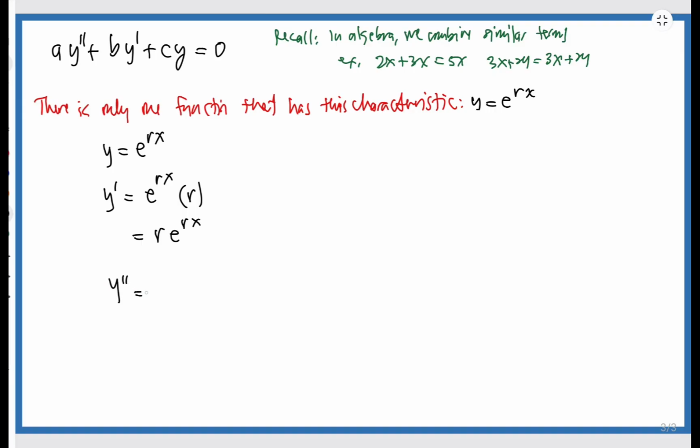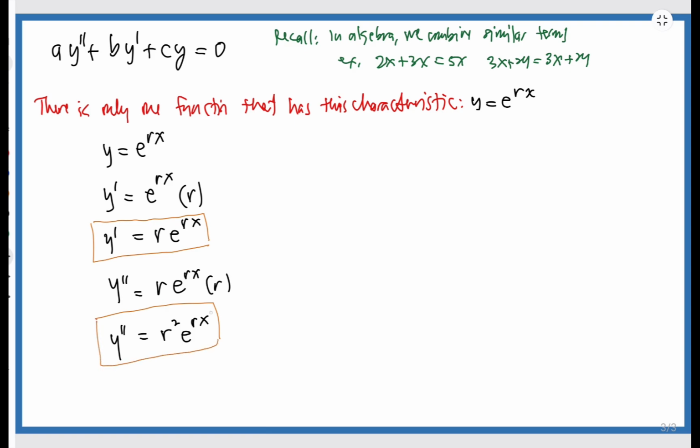The second derivative, because we're dealing with second order linear differential equations, is copy the coefficient r. The derivative of e to the rx is also e to the rx. By chain rule, we multiply it by another r. So r times r is r squared e to the rx. This is y double prime. This is y prime. And this is the function y.